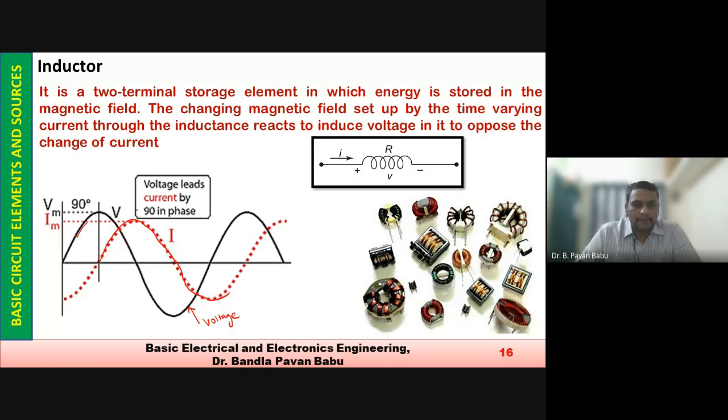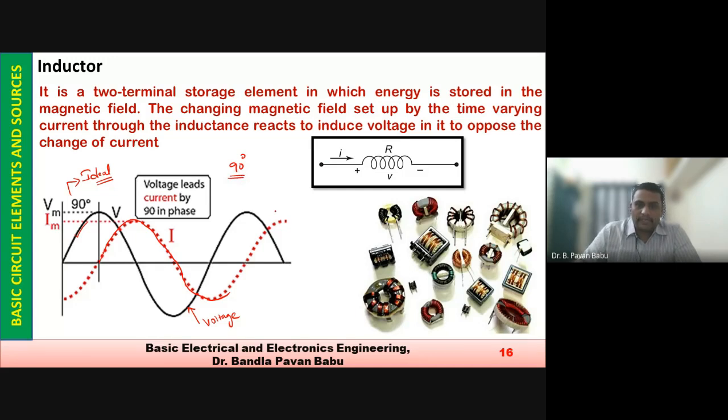This is the ideal case. The difference is 90 degrees only at ideal conditions, but there will not always be ideal conditions. It will always be less than 90 degrees. That is why the current lags the voltage in case of an inductor. That is the behavior.